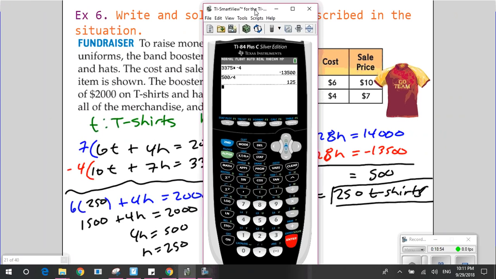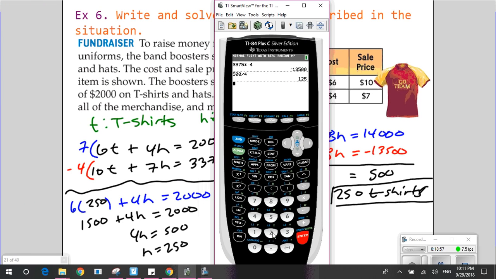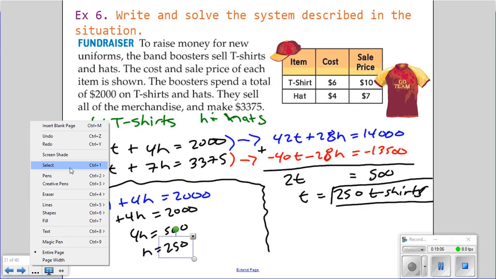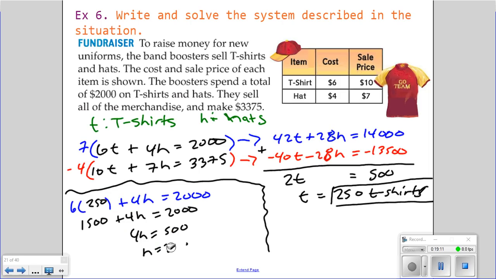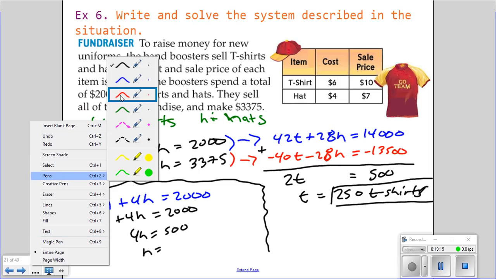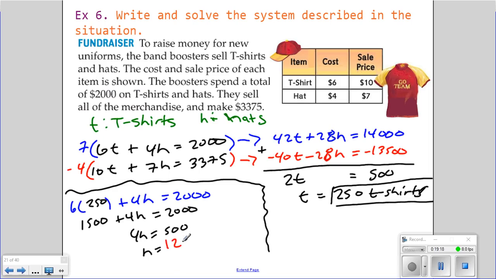While I'm at it, let me double check my mathematics on that other one. Oh, yeah. Okay. So they purchased 125 hats and 250 t-shirts. This concludes your lesson for today.